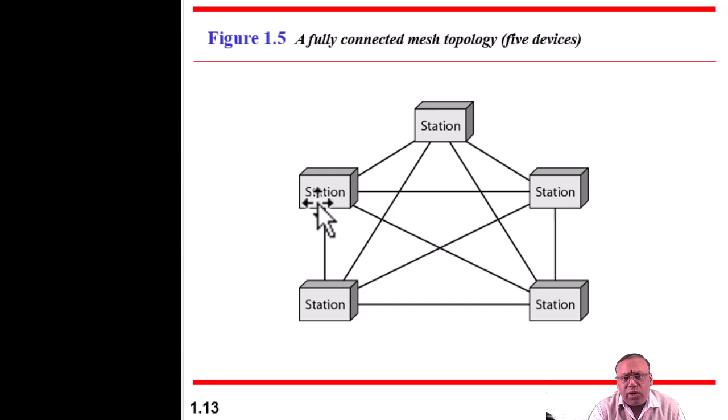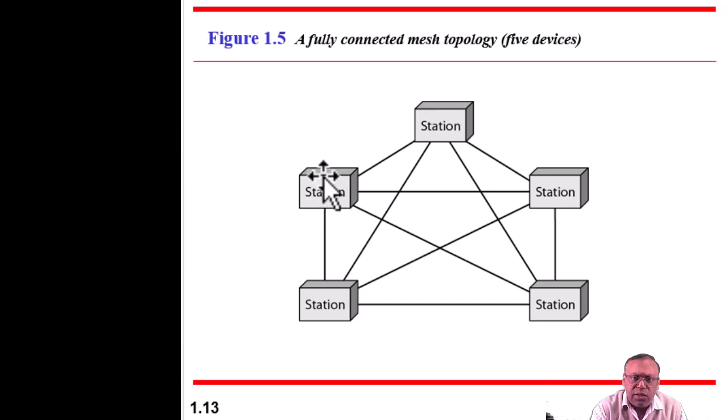So what are the advantages of the mesh topology? Though it is simple for implementation, making a direct connection between each and every device, for this you need, if I have 5 systems, 4 connection jacks in every system, n minus 1 connection jacks in every system to connect the devices.